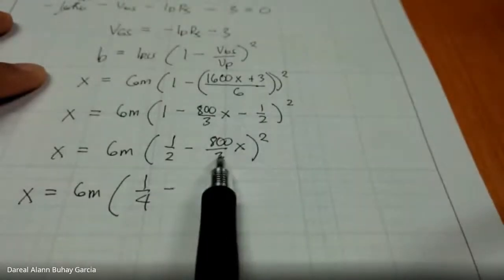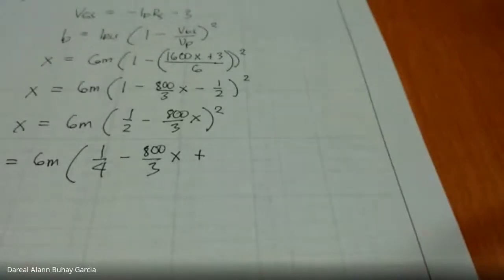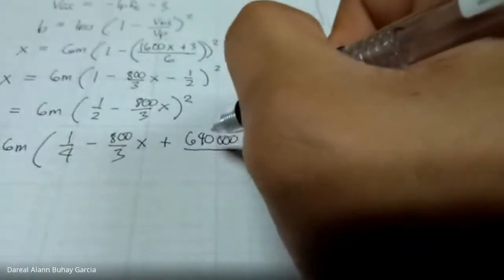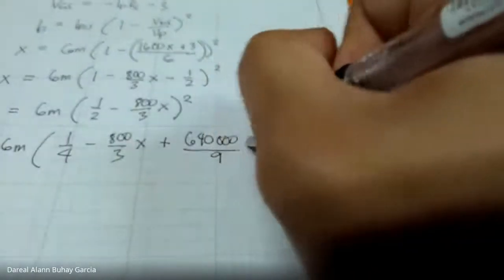Minus 2 times 1/2 times 800 over 3 is still 800 over 3. Plus 800 over 3 squared, 640,000 over 9.